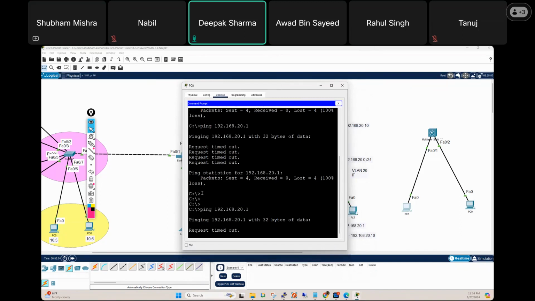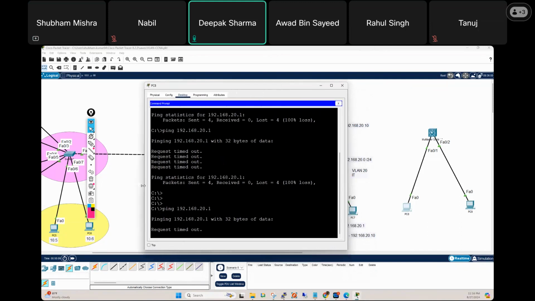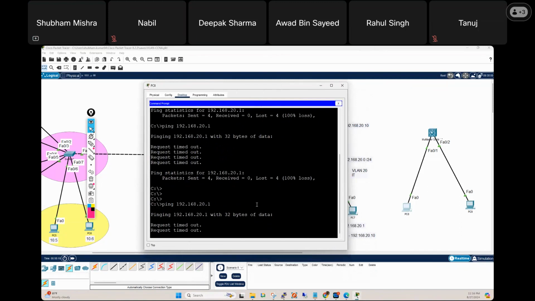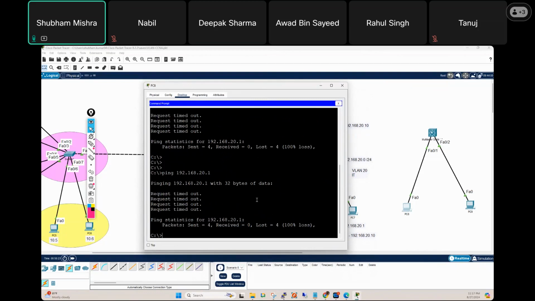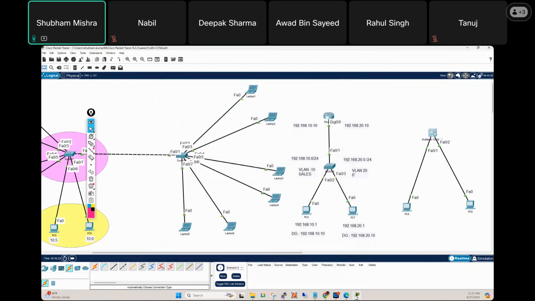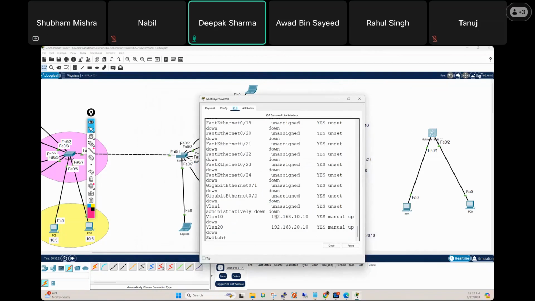No, it will not work. Tell me, will it work or not? No, it will not work. Interface 192.168.10.10.